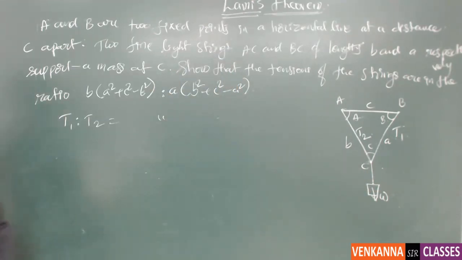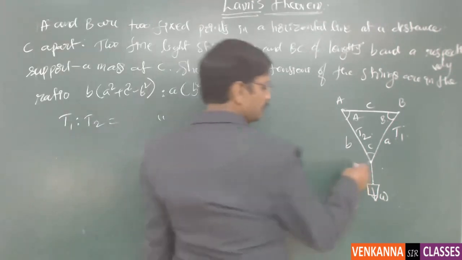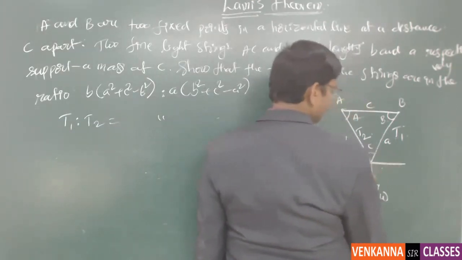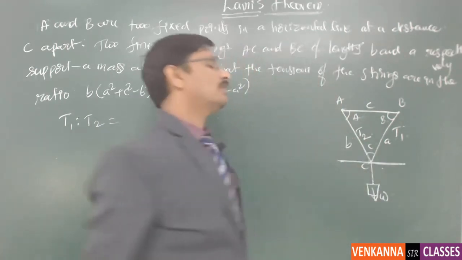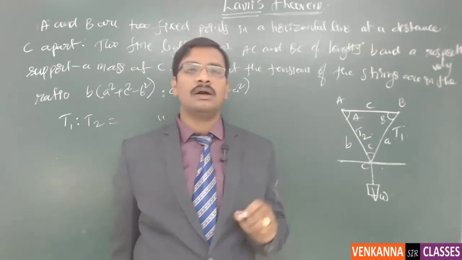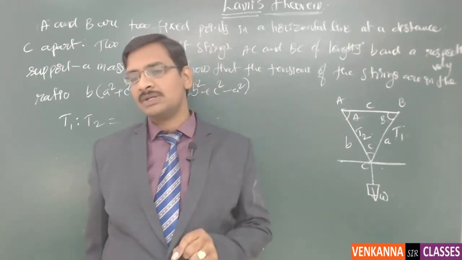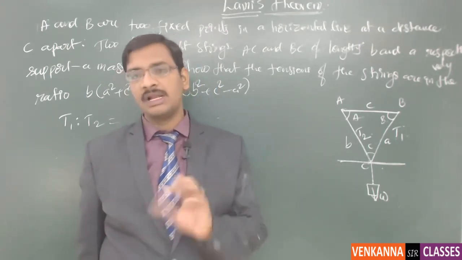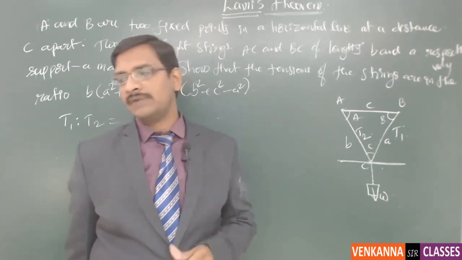Okay, so let me solve this. If you draw a horizontal line like this, the goal of this entire problem is, when there are only three different forces and all the forces are balanced out, he is asking us to identify the conditions for Lami's theorem. That is what you need to identify first.